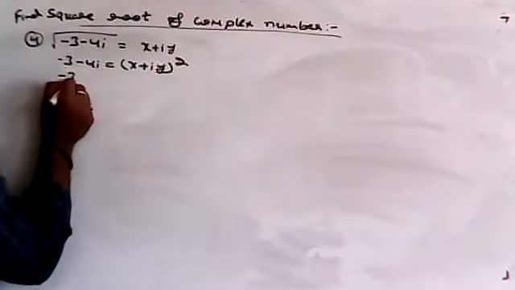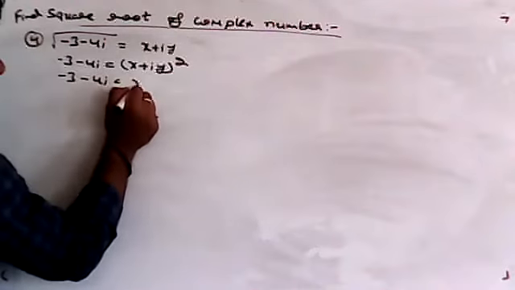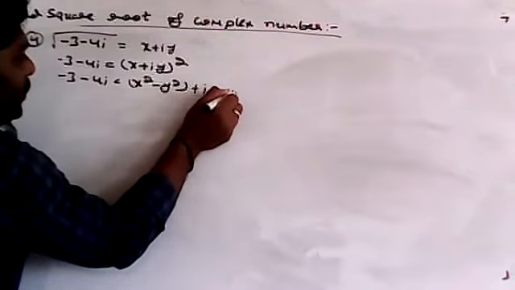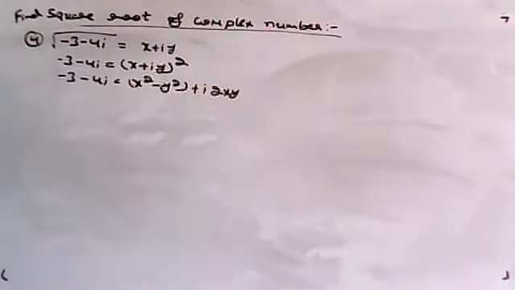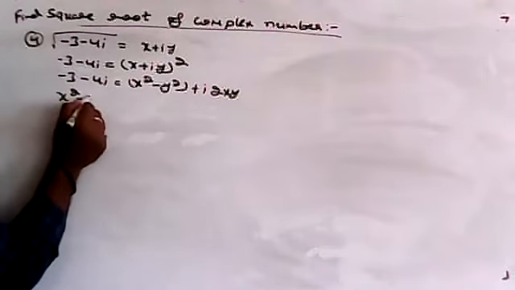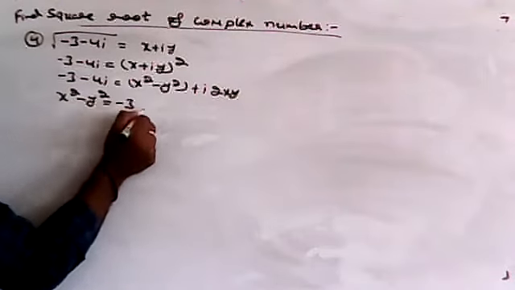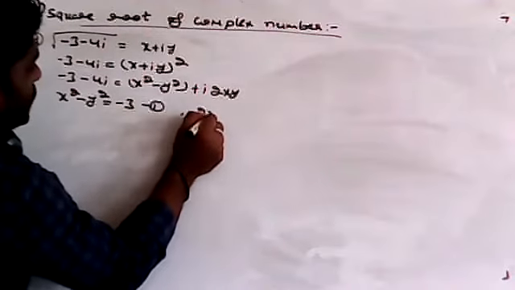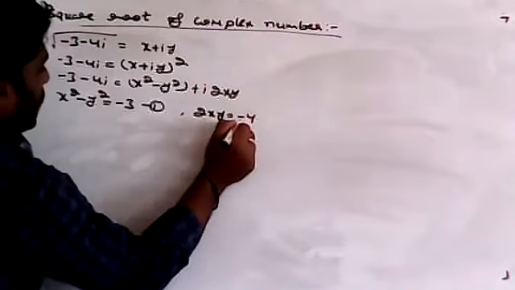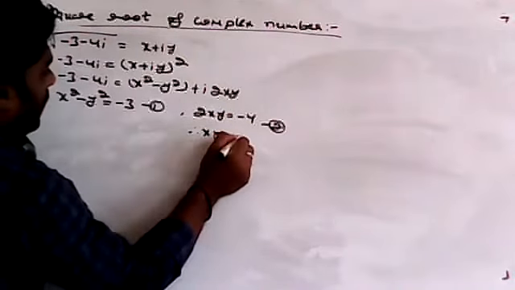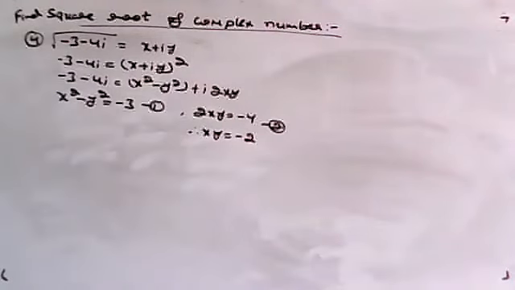Expand, we get x square minus y square plus i of 2xy. Now compare the real and imaginary part. x square minus y square is equal to minus 3, that is equation 1. And 2xy is equal to minus 4, that is equation 2. So therefore xy equals minus 2. Correct? Clear?